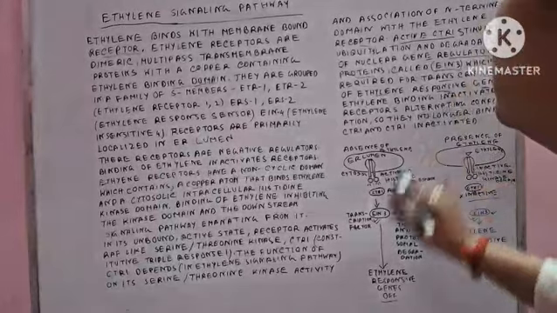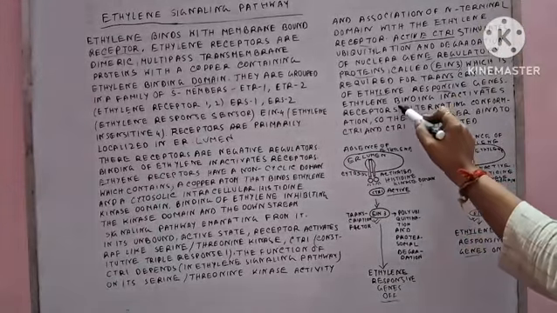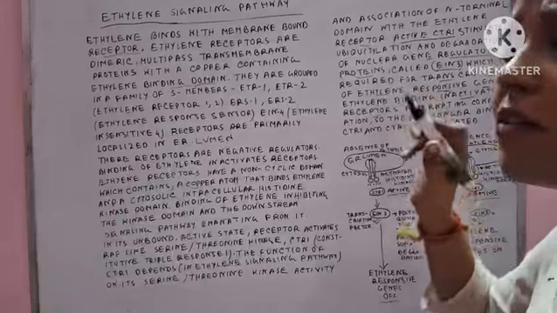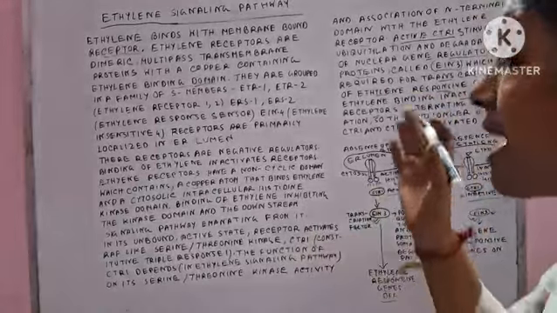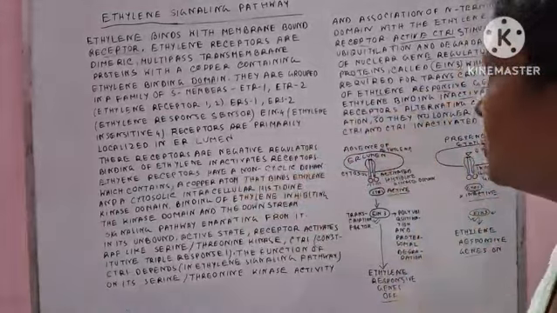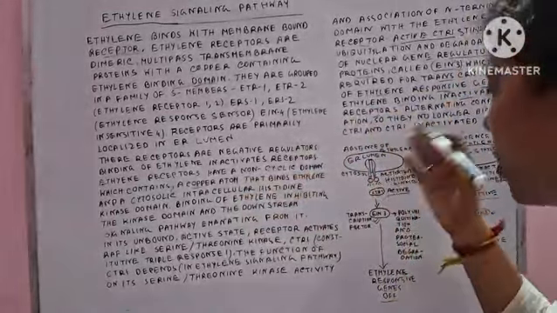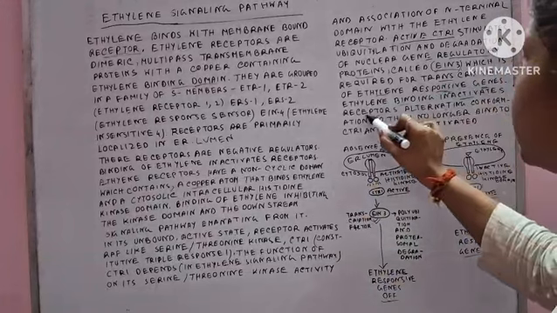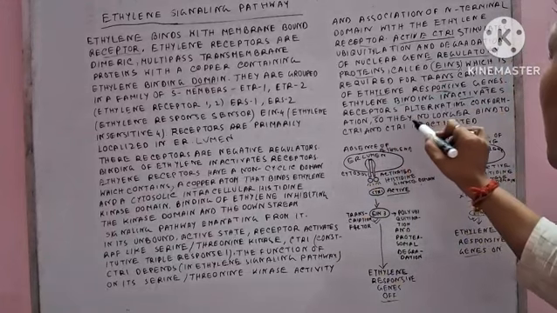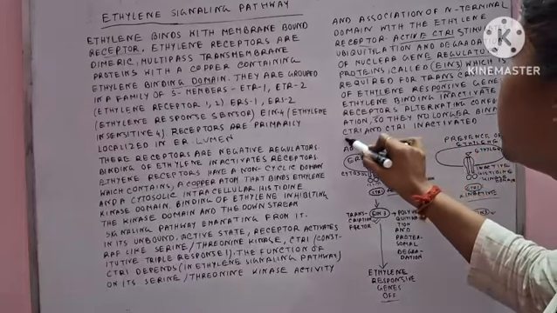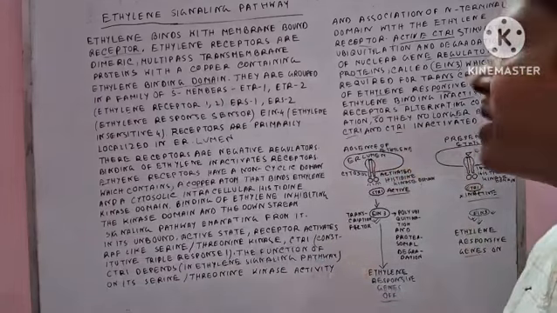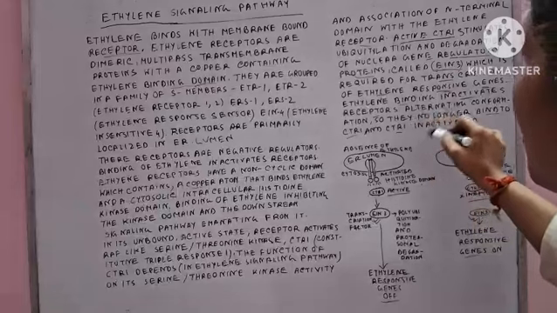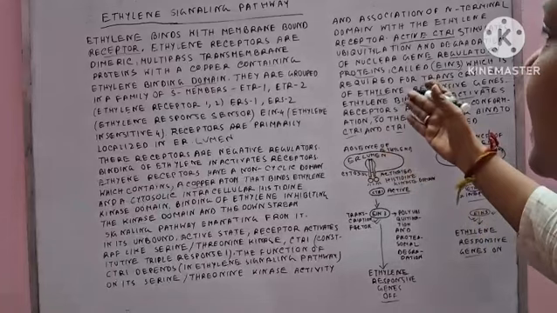Here another important thing is that ethylene binding inactivates the receptors. How? It changes the conformation of the receptors, so they no longer bind with CTR1. Actually, the conformation is changed when ethylene binds with the receptor.